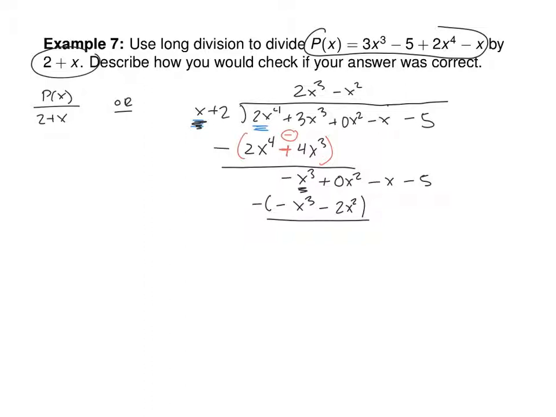If you're doing your homework and you get weirdness, you probably made a sign error. Does that make sense? That's the most common thing that's going to happen here. So what is x to the third minus a negative x to the third? Nothing. No x thirds. And how about 0x squared minus a negative 2x squared? Positive 2x squared. Minus x minus 5 carry down.